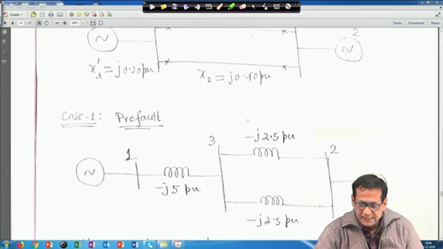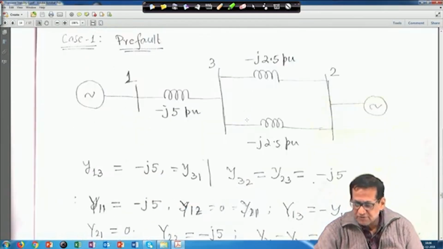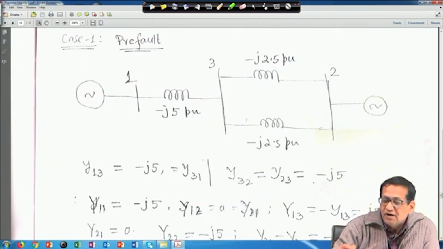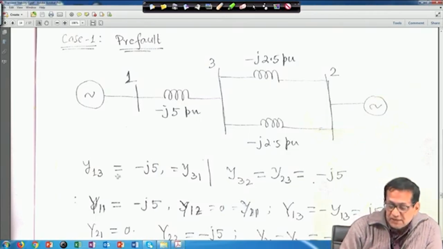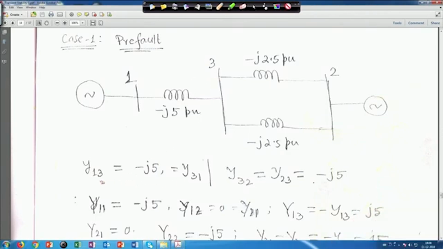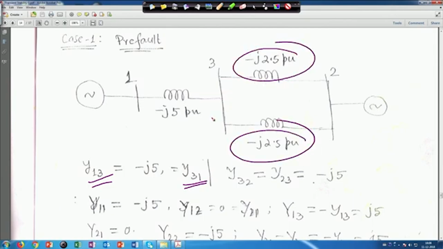I told you small y13 is equal to minus j 5 is equal to y31. Similarly y32 is equal to y23: minus j 2.5 is admittance, this is also admittance minus j 2.5, they are in parallel, so they will be added because it is admittance. So y32 is equal to y23, that is minus j 2.5 minus j 2.5, so total is minus j 5.